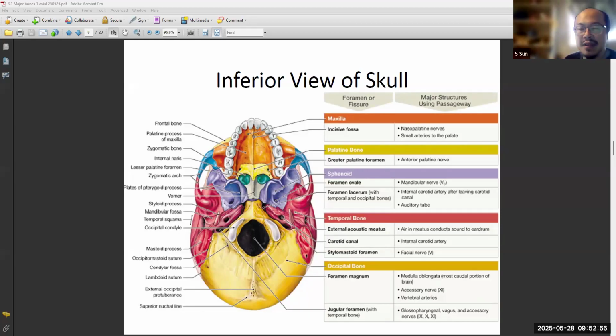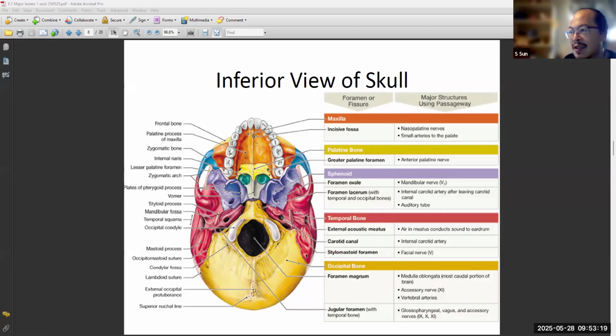Furthermore, there are some key holes that you need to know. This big one is where your brain connects with the spinal cord. This one is in the occipital bone. It is called foramen magnum. The occipital bone also has some features right here.